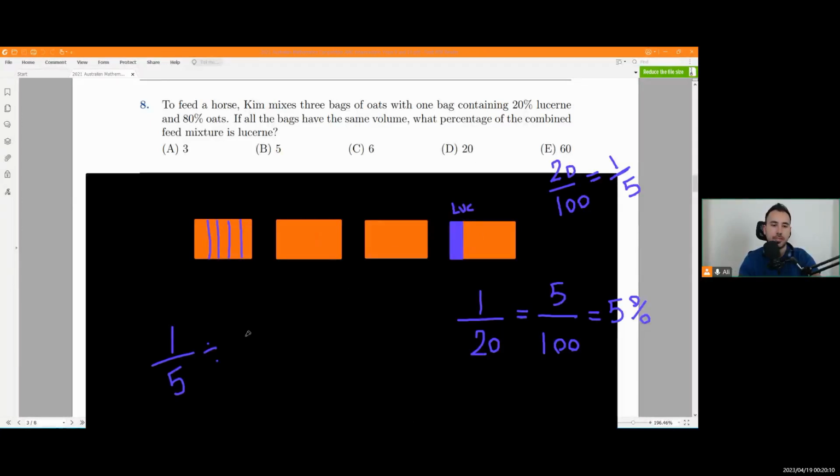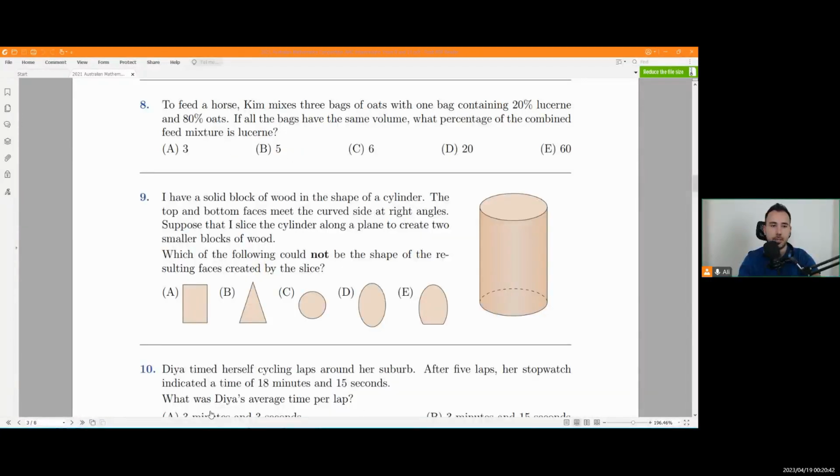And we have 4 of these, so we could divide it by 4, which would be 1/5 multiplied by 1/4, which would be 1/20. And 1/20, we have it here, equals 5%. So either way that you are more comfortable with, it's going to be B, 5%.